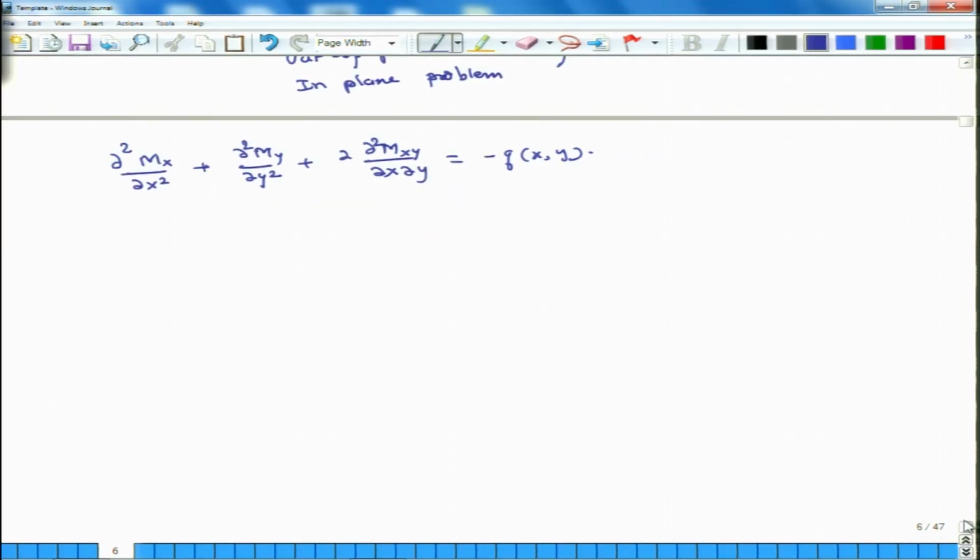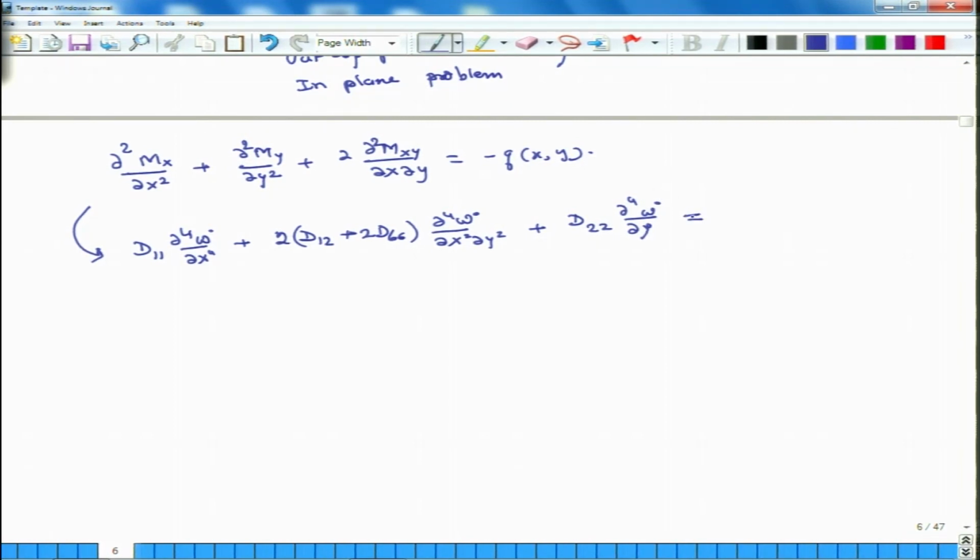Or if I express this Mx, My and Mxy in terms of w, we have shown this earlier, this gives us D11 del 4 w over del x4 plus 2 D12 plus 2 D66 del 4 w over del x square del y square plus D22 del 4 w over del y4 is equal to q(x,y).